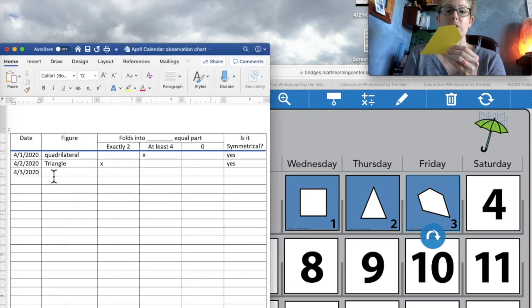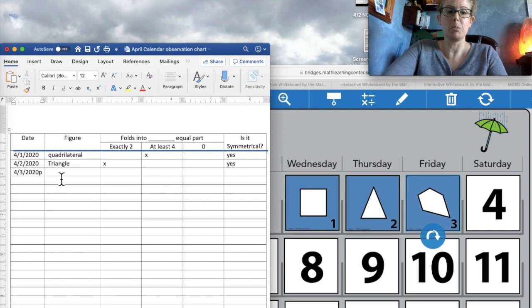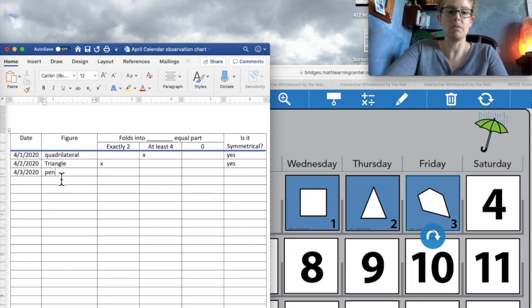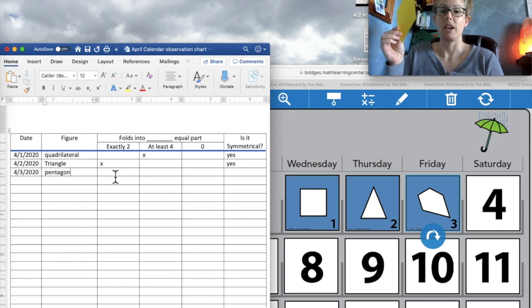Okay, so looking over at our observation chart, we're going to put in pentagon. And now we're thinking of how many folds can we have in our pentagon, this crazy looking pentagon, with equal parts. And so we're wanting to see if we can fold it with equal parts.